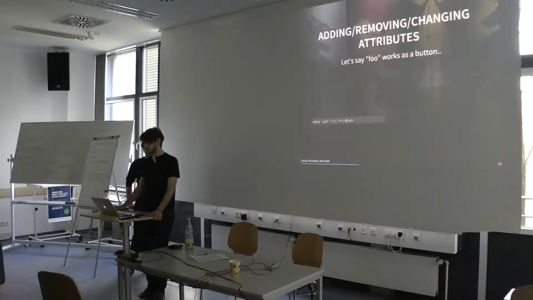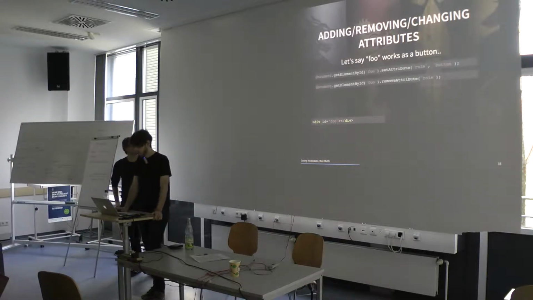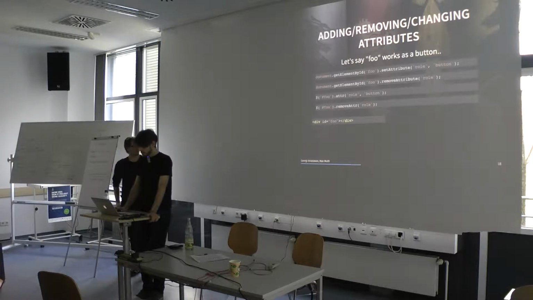But if we want to make it interactable and add some events to it, then we can change attributes, set attribute or remove attribute, and this is actually this row. jQuery is easier and really convenient to see and read the code. So this is our result. The row of the button is here, and it's added right inline.